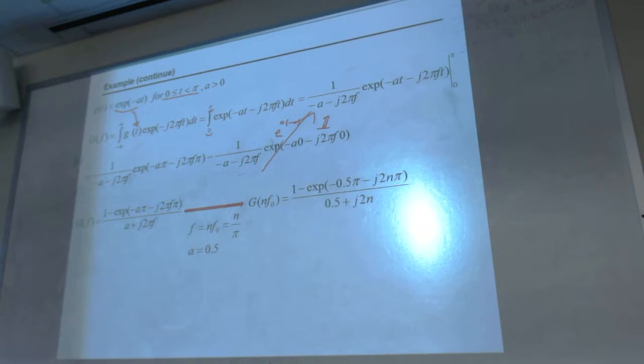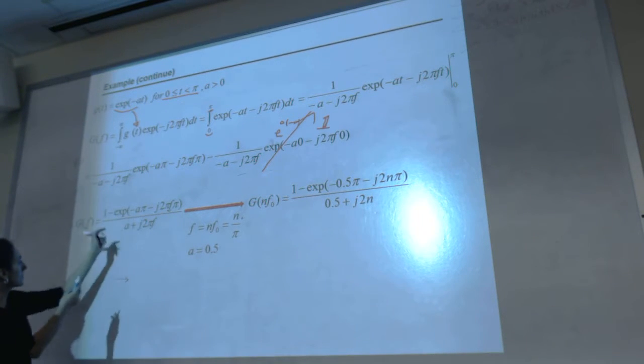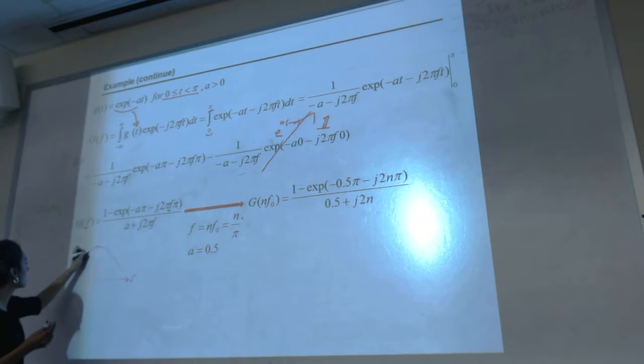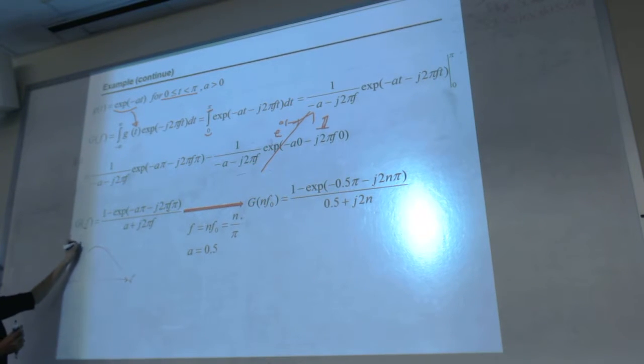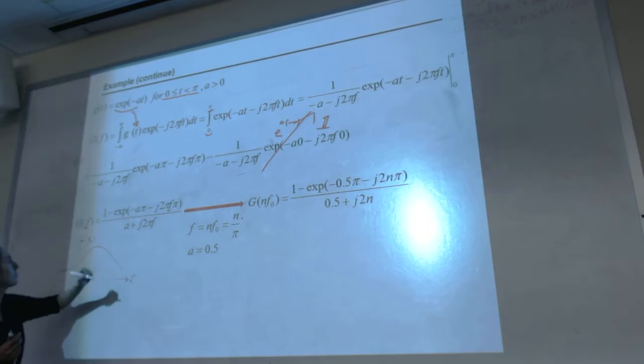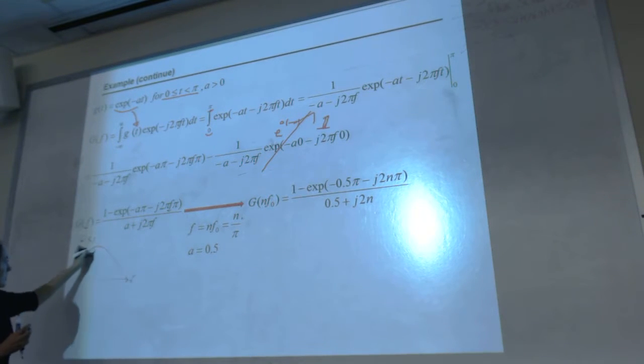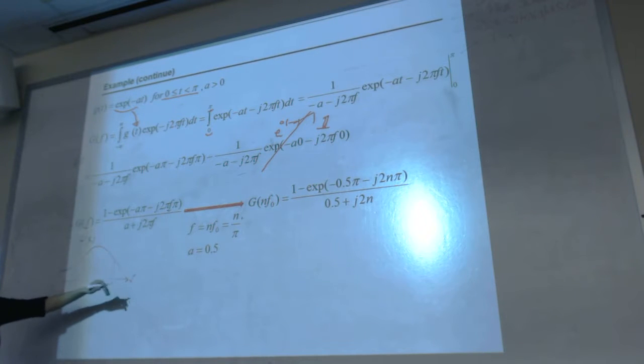So now what we claim is, let's look at G of f. This is a continuous signal, continuous in terms of frequency. If I plot this, it's something complex, but for simplicity, let's say this is my G of f as a function of f. Now, I want to show that if I sample this, I'm going to reach Dn.